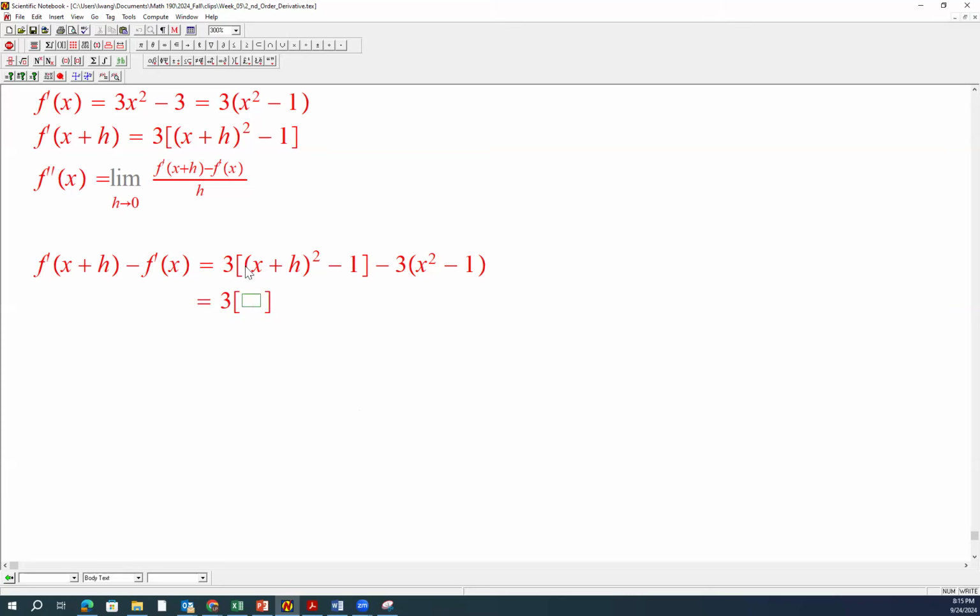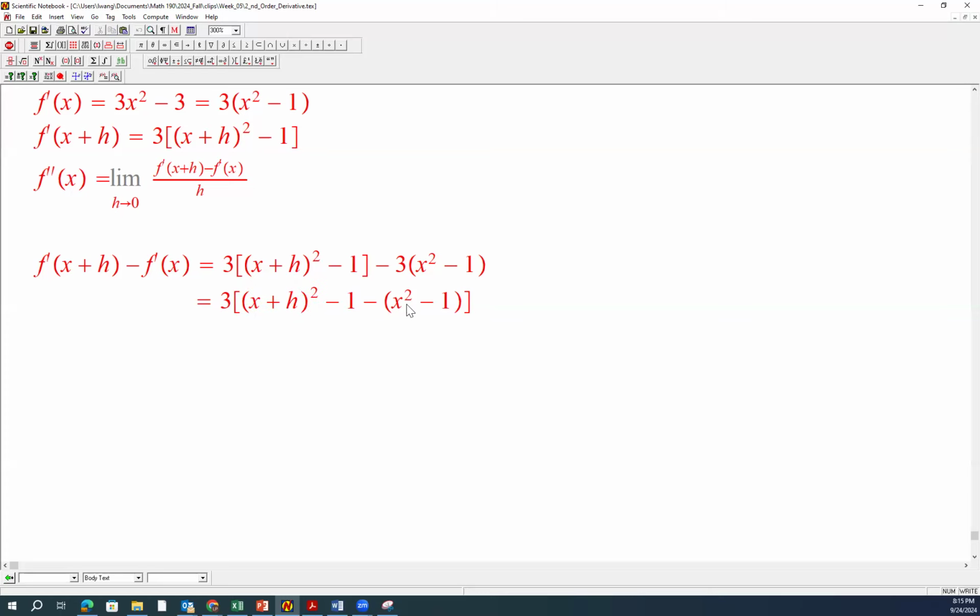So we got this piece subtracting that piece, factored out. Oh, sorry, right here. We factored out the 3. So this piece subtracting x squared minus 1. There's a minus 1, sorry. There's a minus 1 there, right? This piece minus 1 subtracting x squared minus 1.